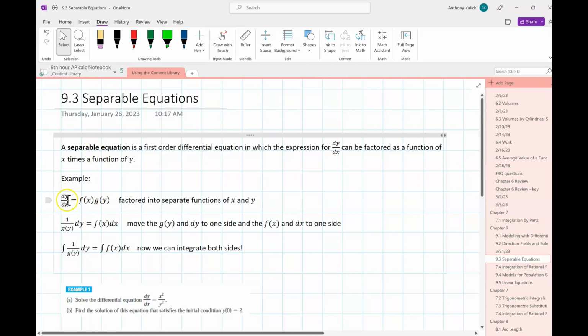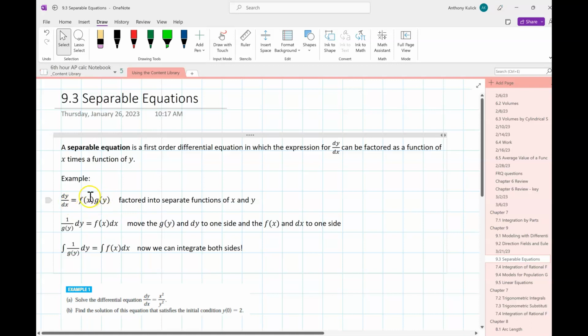So my derivative dy/dx equals f of x times g of y. Right? It just has to be able to be written as the product of two functions. It might not be written exactly that way. You might have to do some factoring or something to get it the way you need it, but you can do it.